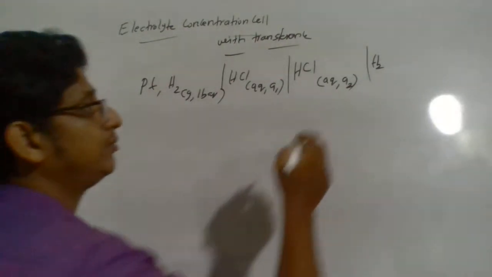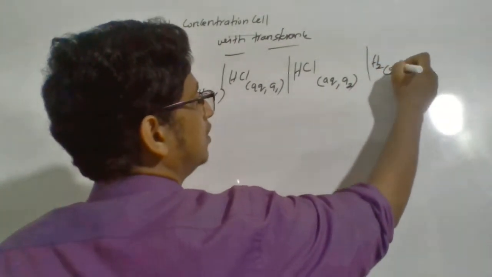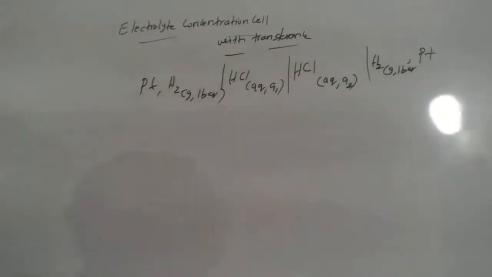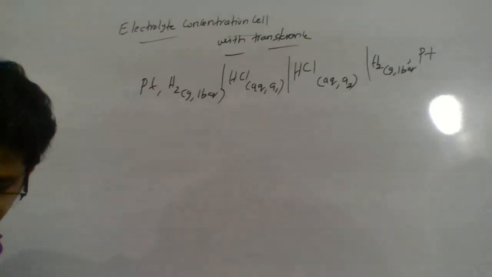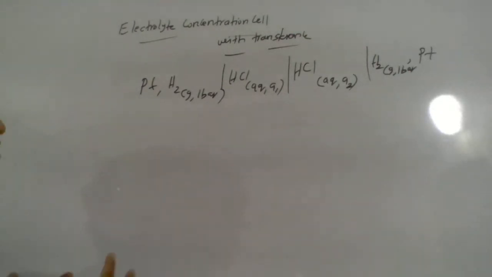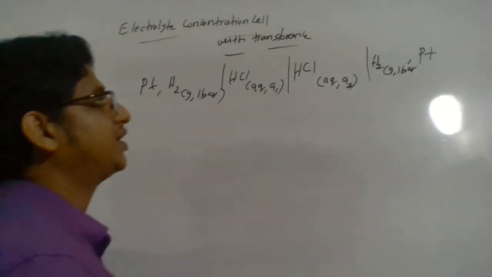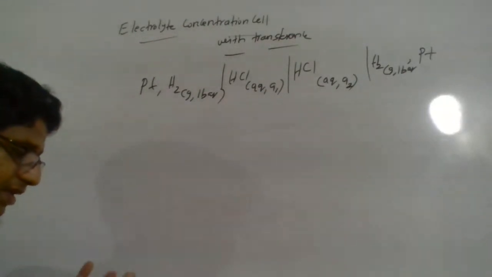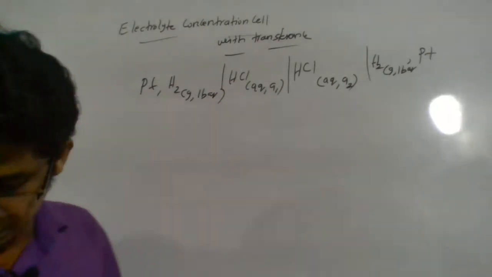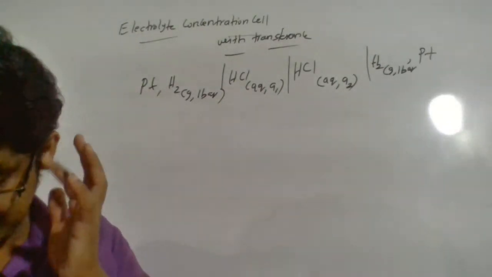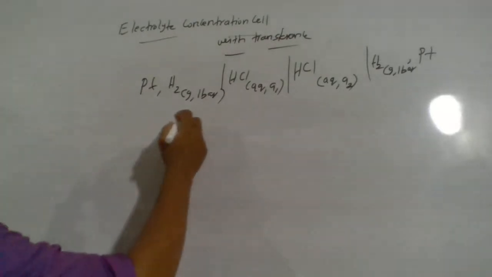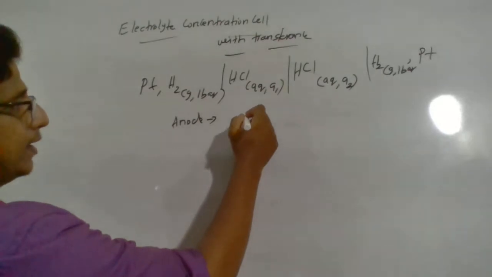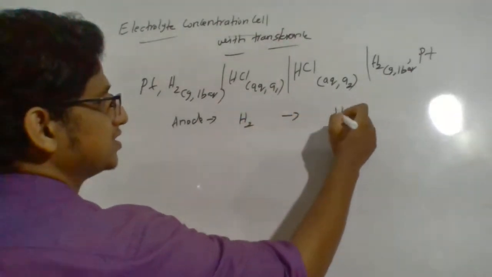They can move from one to the other. Hydrogen gas, 1 bar pressure, platinum. So this is the way you can represent the electrolyte concentration cell, where two electrolytes are there with concentrations A1 and A2, and the junction separates the two solutions, where the ions are allowed to move. So simply the cell reaction will be exactly the same as what we saw. At the anode, hydrogen gas will be converted into H plus.